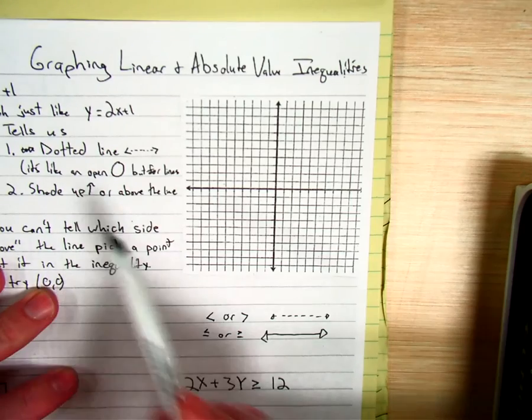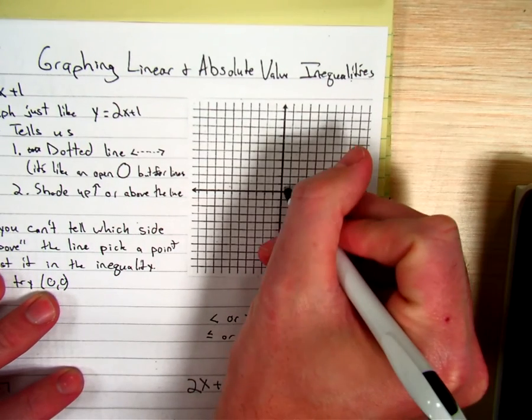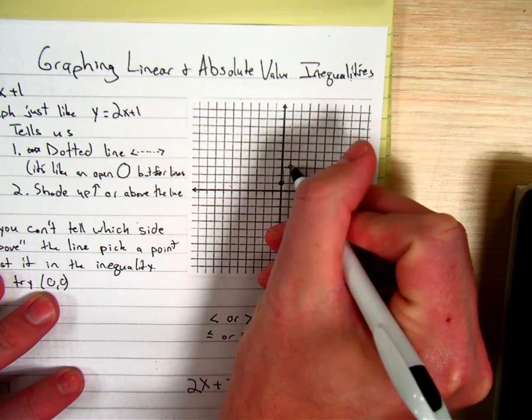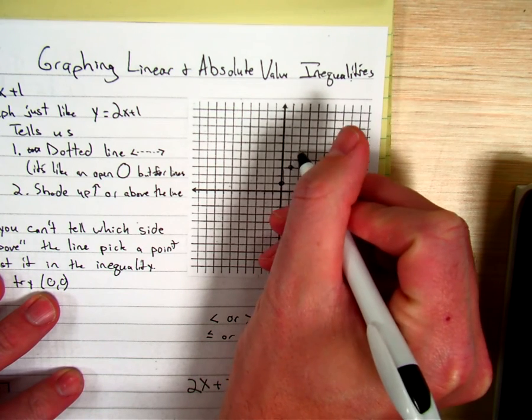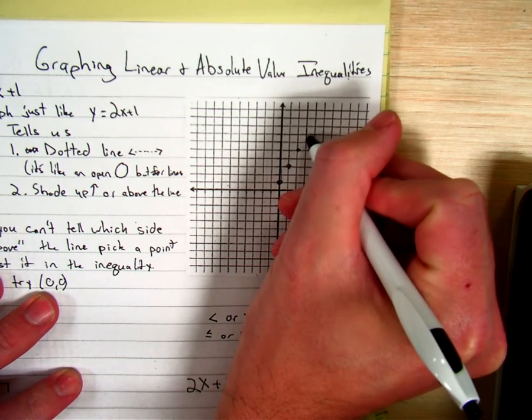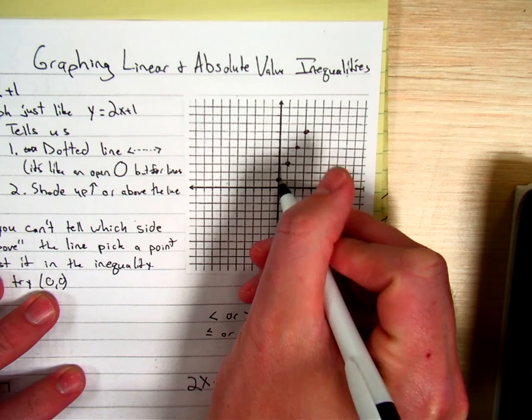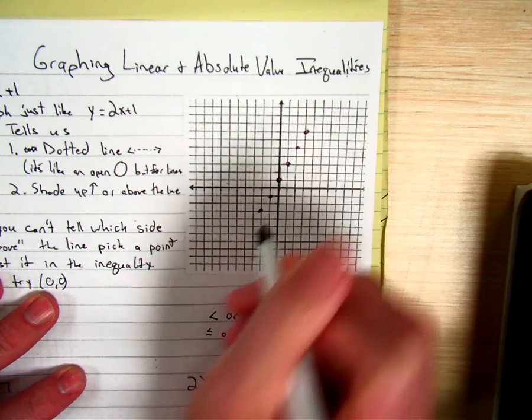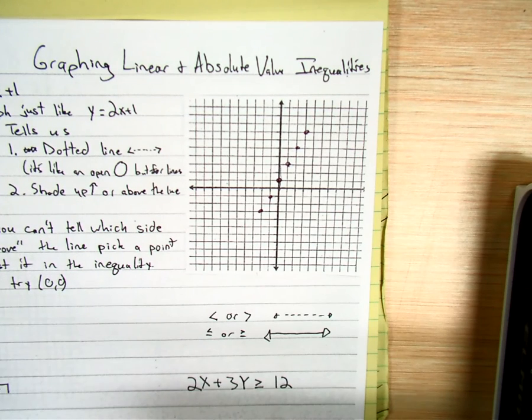So 2x plus 1, we're going to start at 1, the y-intercept, and go up 2 over 1, up 2 over 1, up 2 over 1, and maybe go backwards a few: down 2, backwards 1, down 2, backwards 1. Okay, now this is the only spot that's really different.